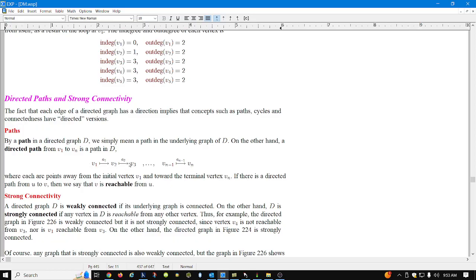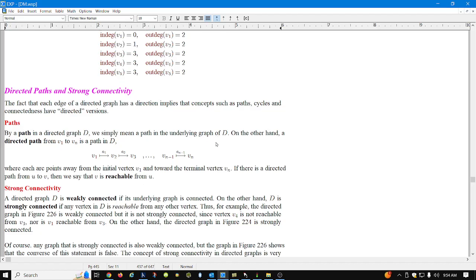So all of these arcs are pointing from left to right. If there is a directed path from U to V, then we say that V is reachable from U. And that's an important concept for us.